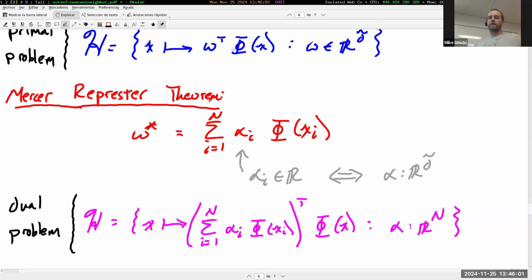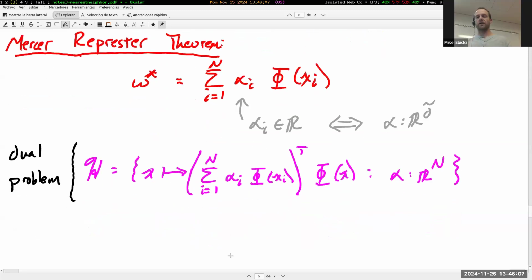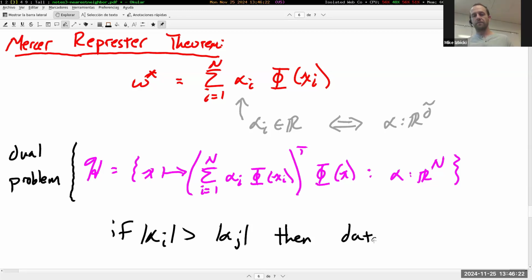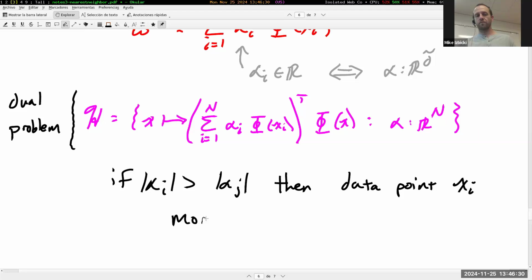The answer, in a literal sense, is that if the magnitude of alpha i is greater than the magnitude of alpha j, that's equivalent to saying that the data point x sub i is more important than x sub j.